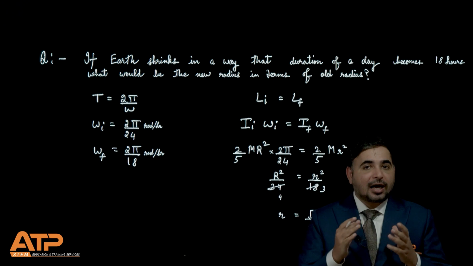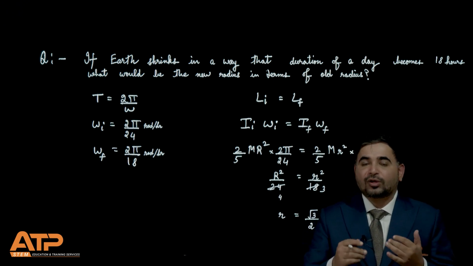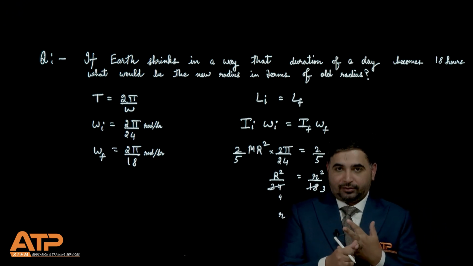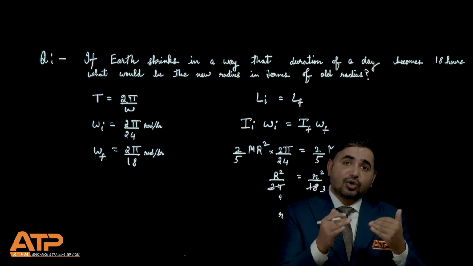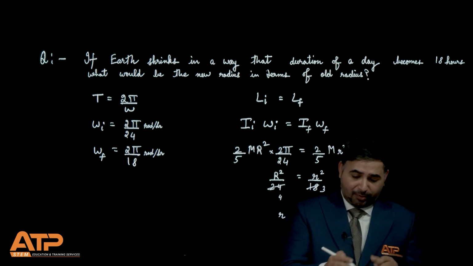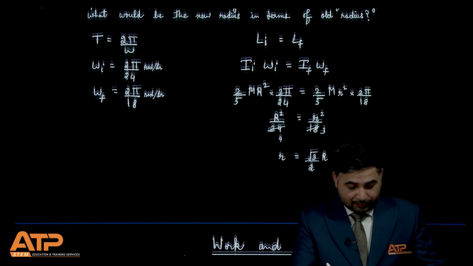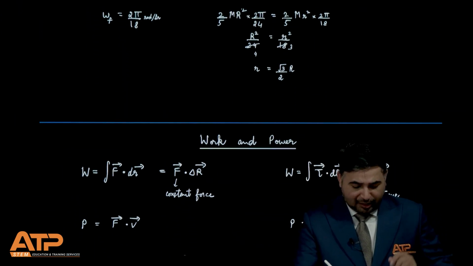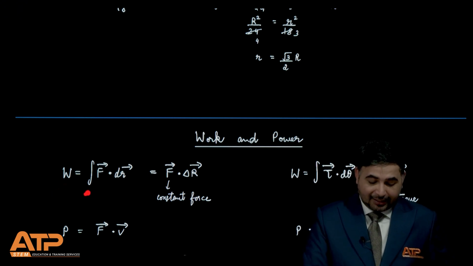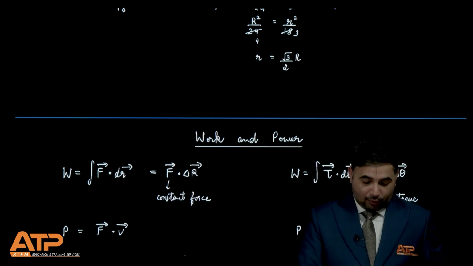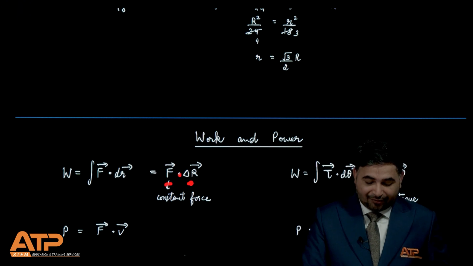Okay, the last concept over here is about calculating work and power. How do we calculate work in this case? Just like we found out the formula for angular momentum, similarly we will do this. When it comes to work and power, work for a straight line motion is given by integration of f dot dr, which will become dot product of f and delta r for a constant force.